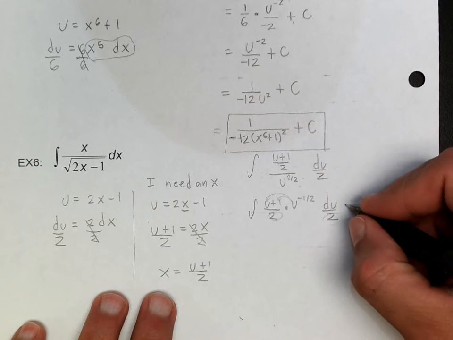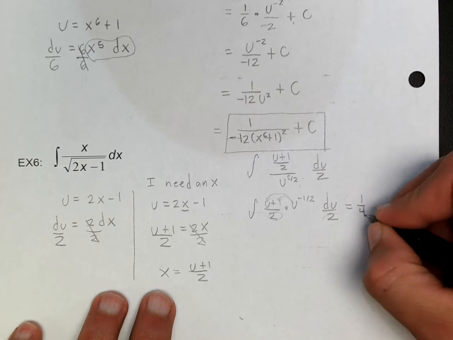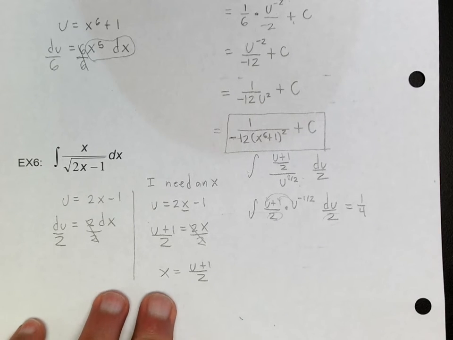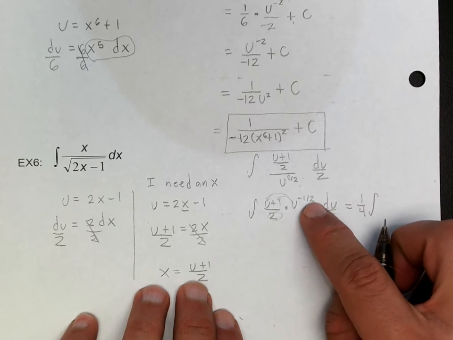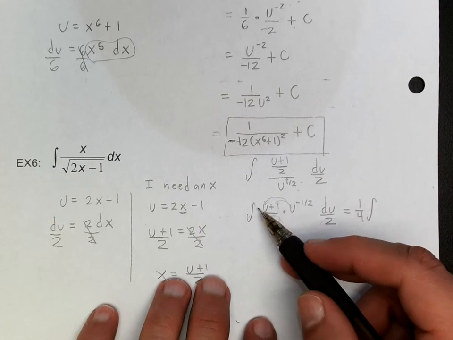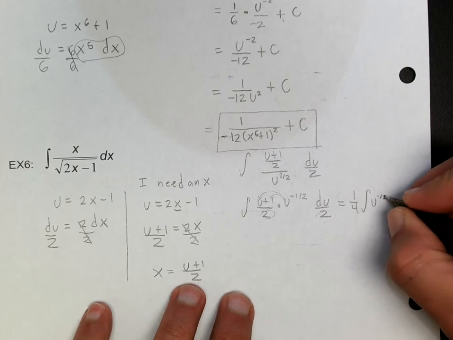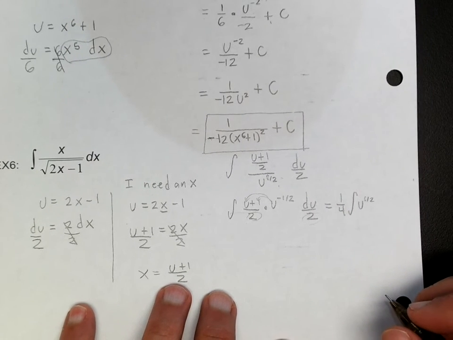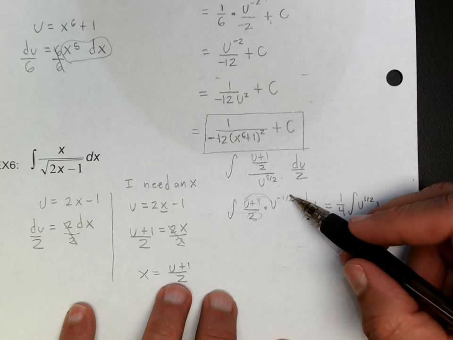So this is going to be equal to 1/4. Remember that 1/4 came from multiplying those two together, and I'm going to get that out of the integral. So I have 1/4 u to the negative 1/2 times u. Remember, you add the exponents. This has an exponent of 1, so this would be u to the 1/2, plus u to the negative 1/2 times 1.